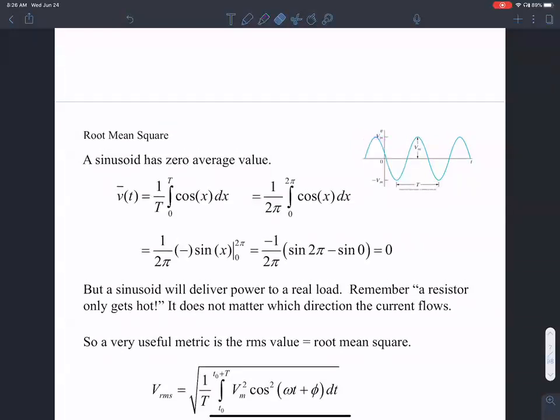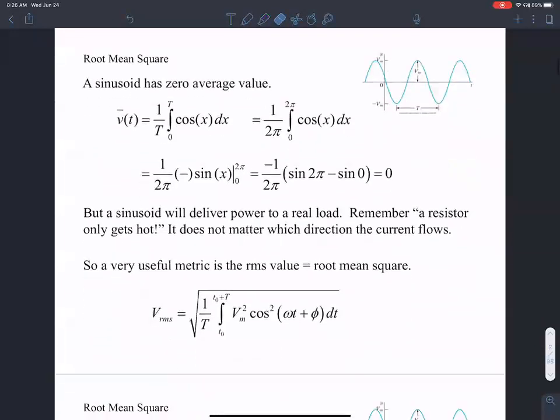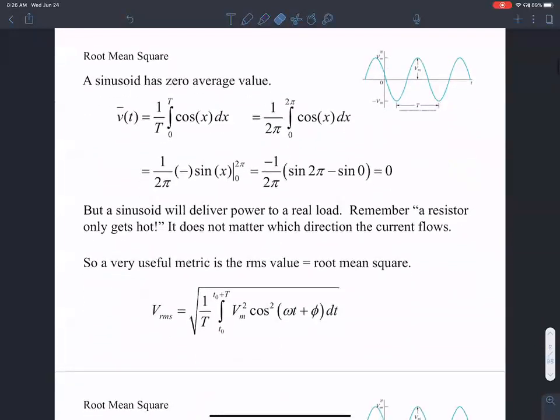So now I have to have a different metric, one that provides some kind of a sense of an average. Not exactly an average, because a simple average is 0 and it's not insightful.